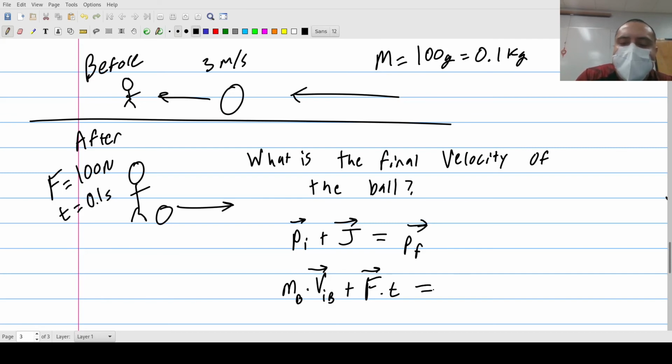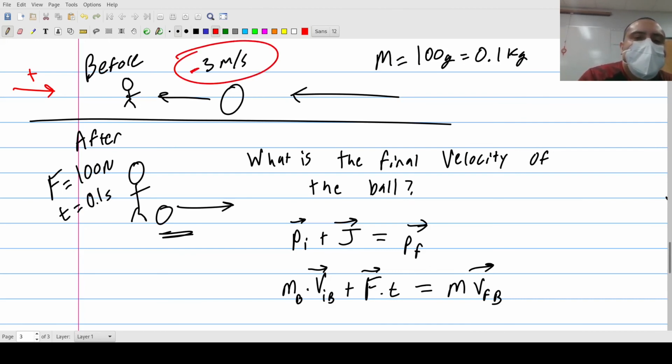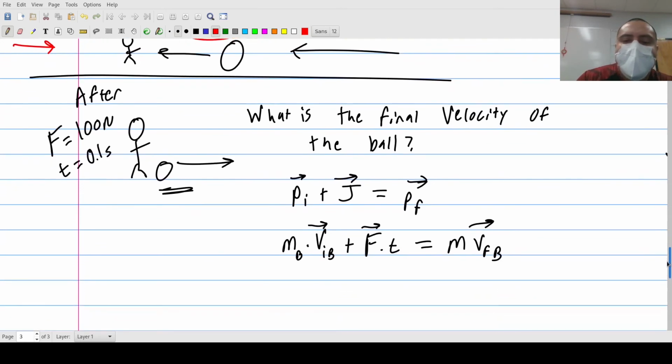So force times time is equal to, at the end, it's also the ball moving. It's going in the opposite direction, which means we need to be careful about signs. But it's going to be mass times velocity final of the ball, vector. All right, let's choose, I don't know, to the right being positive again. In that case, this 3 meters per second at the beginning needs to have a negative sign.